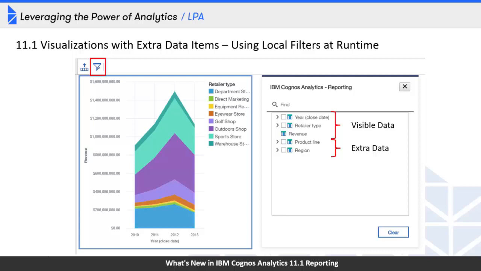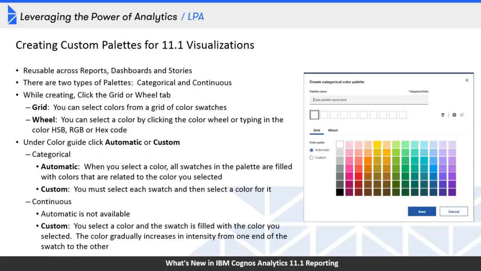If you omit extra data and you just populate the other drop zones, then these visualizations will work across a number of output formats, with a couple of exceptions. But with extra data, the rule is only HTML output format will be supported. So we'll demonstrate that in a moment.